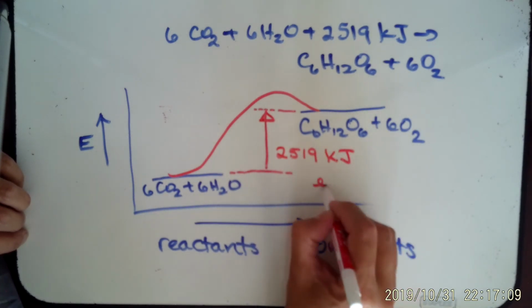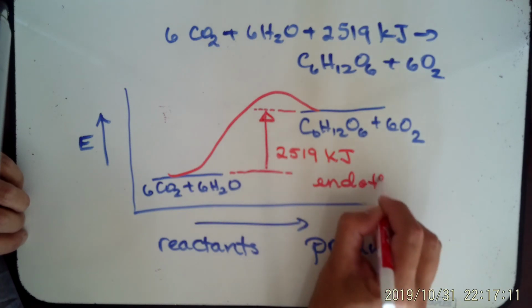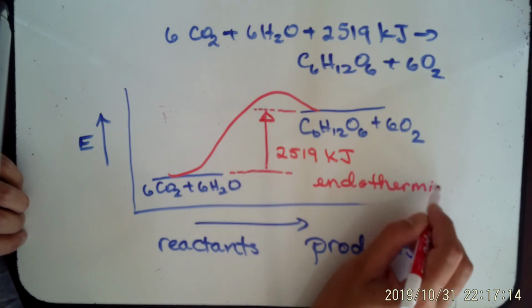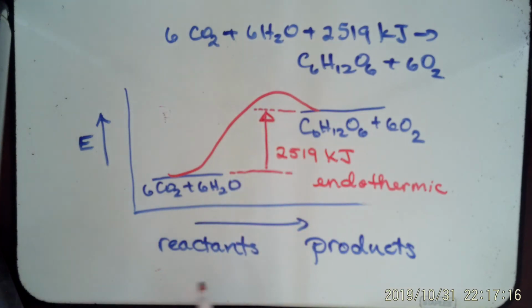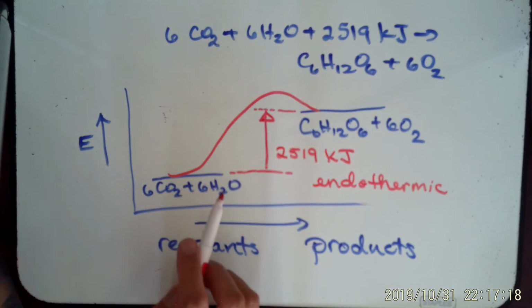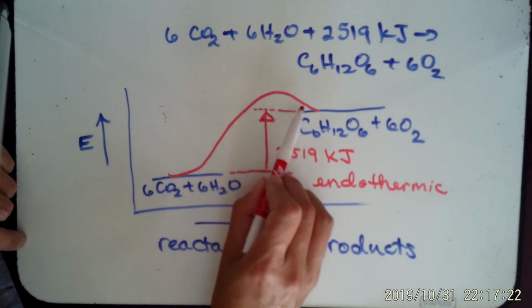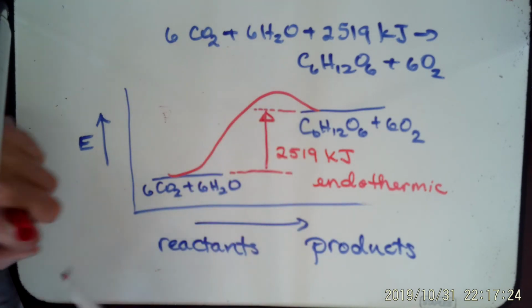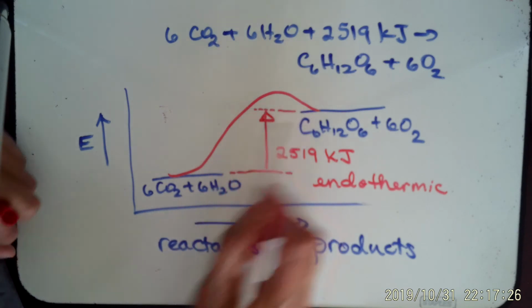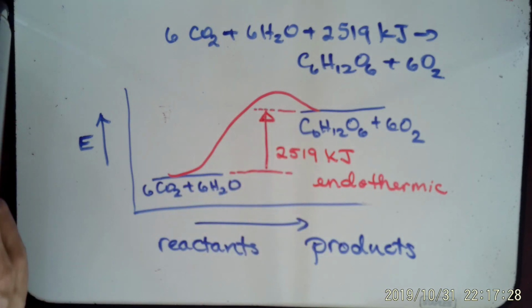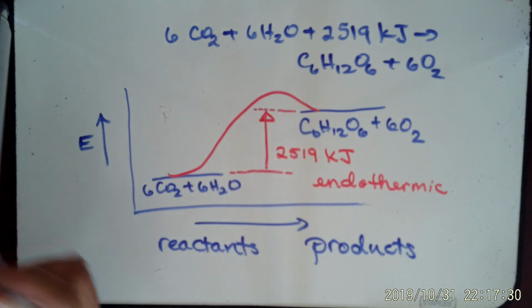This is endothermic. So whenever you see that my products are higher in energy than my reactants, then I have to put in energy to roll all my reactants uphill, and that's why it's going to require energy, and it's endothermic. I need to put heat in there to make it go.